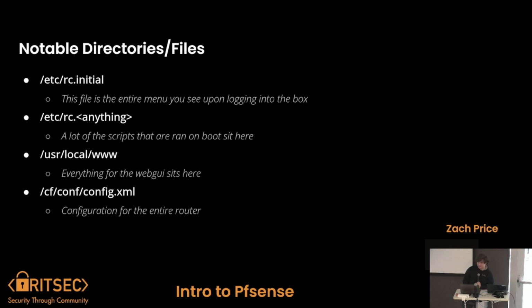So like the web GUI stuff, would it just break the web GUI or would it break the entire thing? If you deleted everything in that file or the web GUI. So the question was, if you deleted or modified a bunch of stuff in the web GUI, would it break the web GUI or break everything? So luckily, everything inside of the www directory just affects the web GUI.